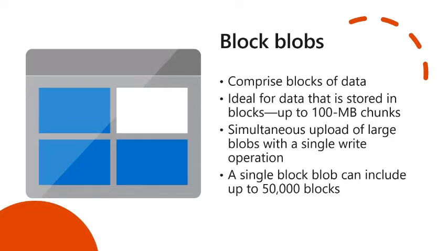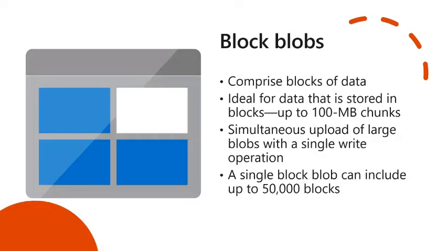Block blobs. Block blobs let you upload large blobs efficiently. Block blobs comprise blocks of data. Each block is identified by a block ID. You create or modify a blob by writing a set of blocks and committing them by their block IDs. A block blob can include up to 50,000 blocks.